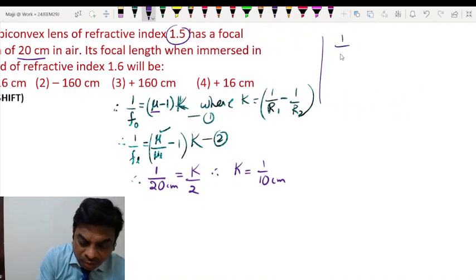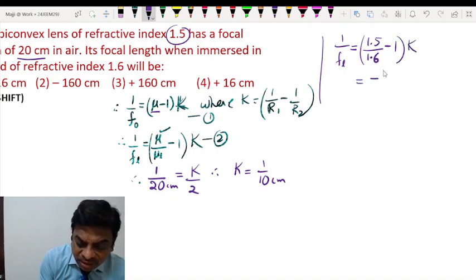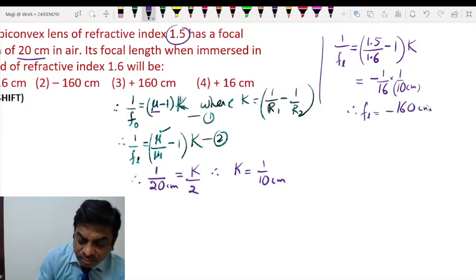So the new focal length in the liquid will be mu divided by the refractive index of the background medium, minus 1, into k. So this is 1 by 16, students, and k is 1 by 10 cm. So clearly you can see the focal length in the liquid is minus 160 cm.